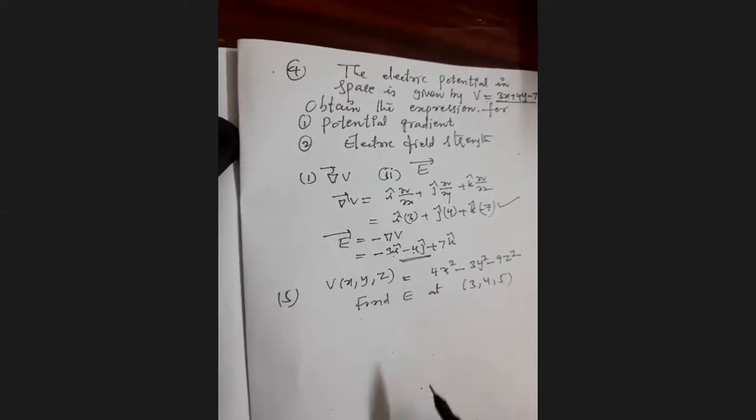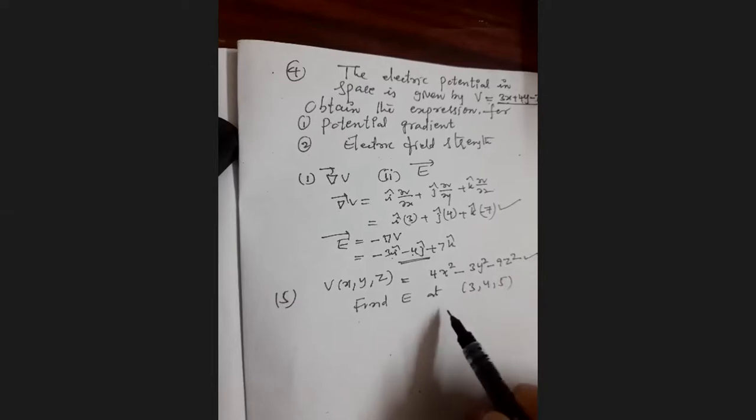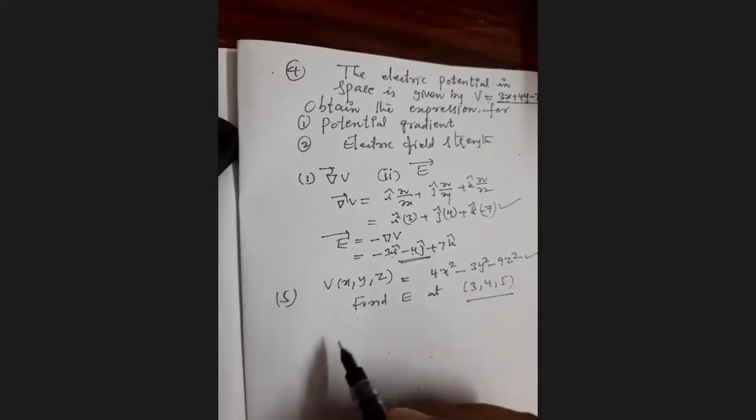Next, V of xyz equal 4x square minus 3y square minus 9z square. Find electric field strength at 3, 4, 5.